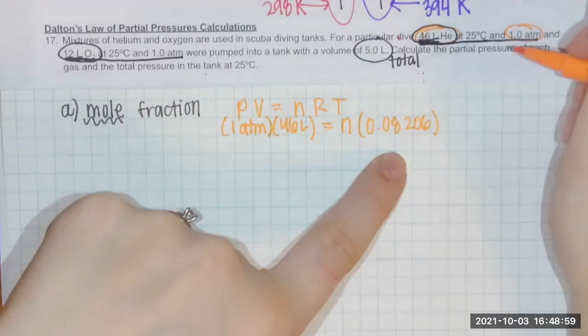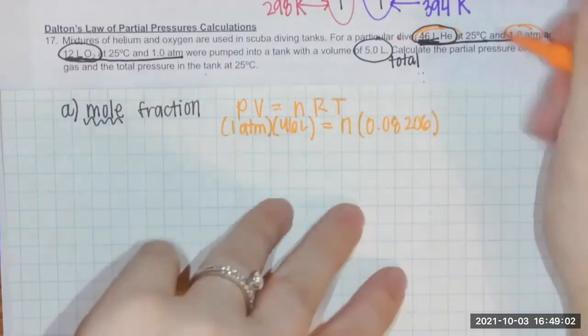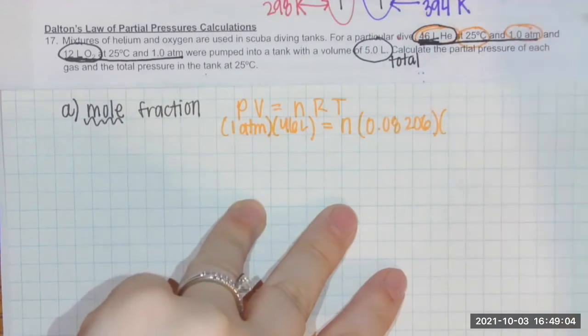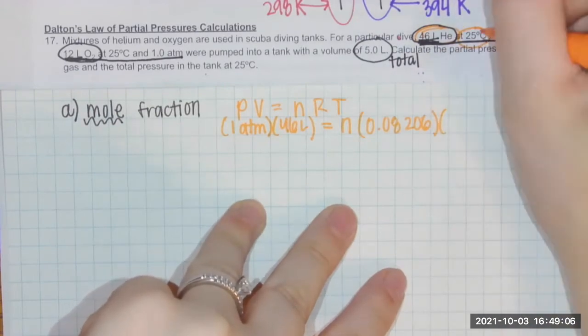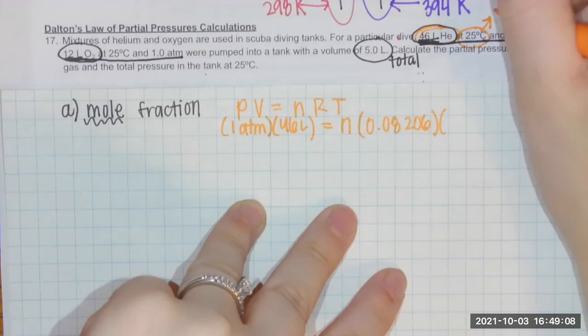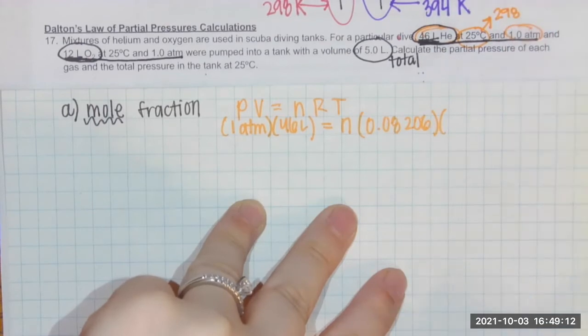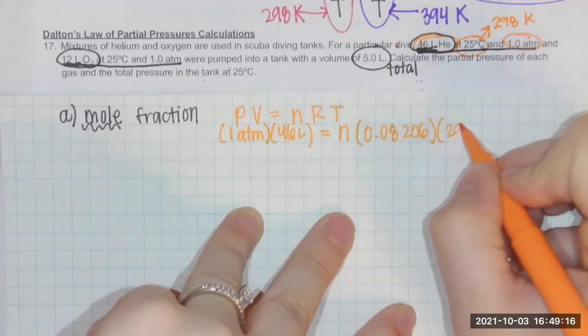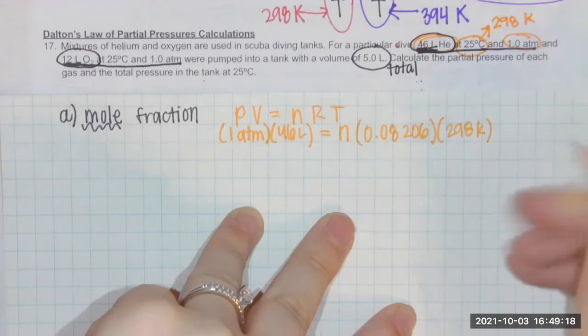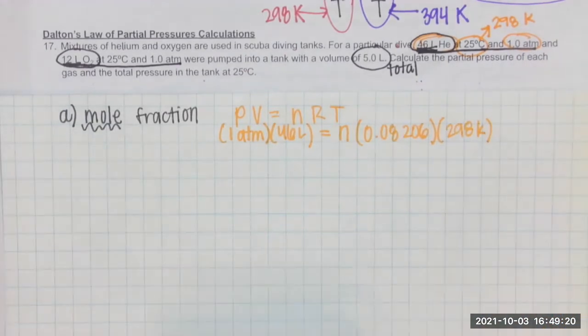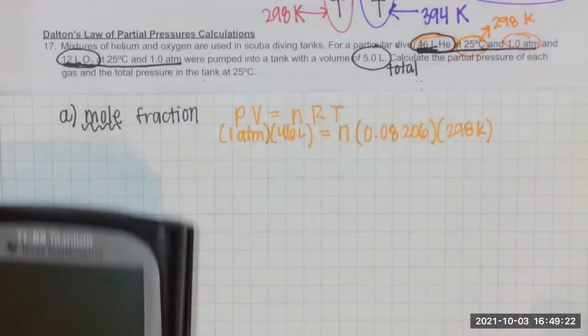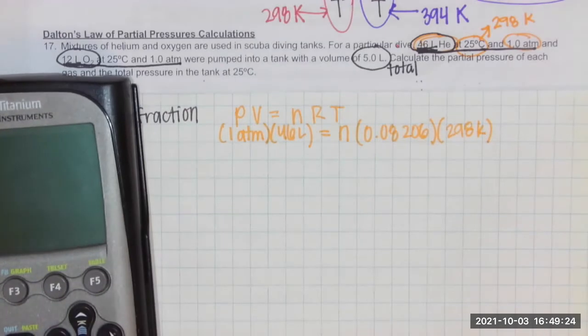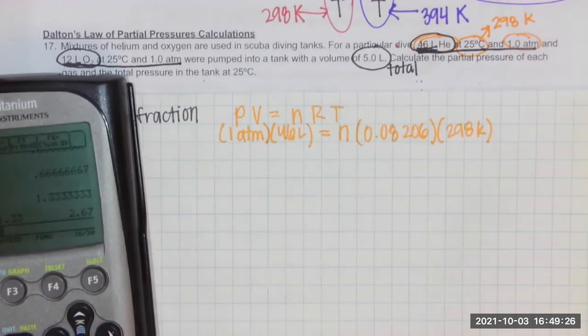R is always 0.08206. And the temperature is 25 degrees Celsius, which adding 273 is 298 Kelvin. So this is how I'm going to get the moles of helium.